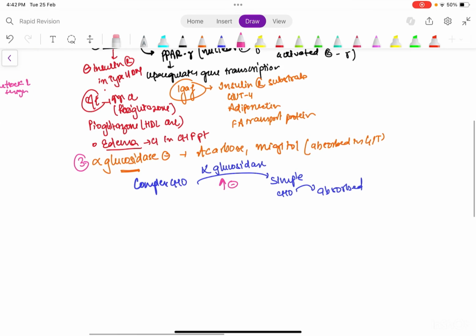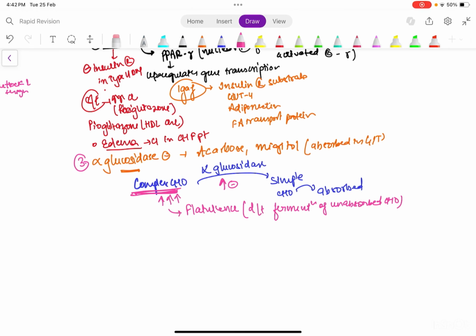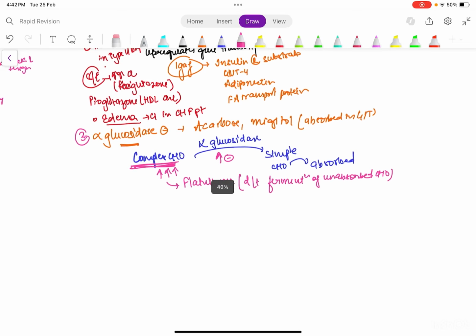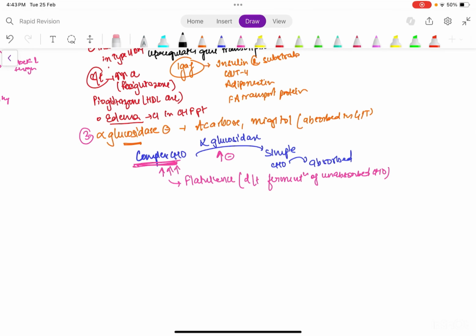If we do this, there will be an increase in complex carbohydrates in the body, which will lead to flatulence. This is the adverse effect, due to the fermentation of unabsorbed carbohydrates. All right, this is the function of alpha glucosidase.